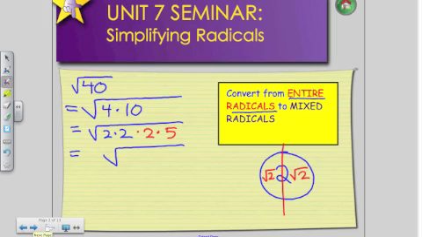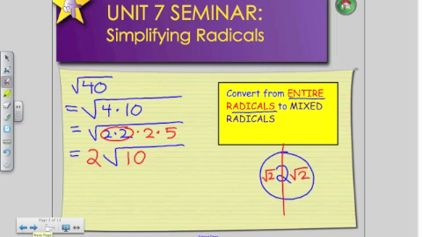So because of that, we need to take one pair, or as many pairs as we have, on the outside. So both pairs make a whole number 2 on the outside of the radical, and underneath the radical we're left with 5 times 2. There aren't any more pairs, so I can combine those numbers. 2 times 5 is 10. So root 40 is equivalent to 2 root 10.